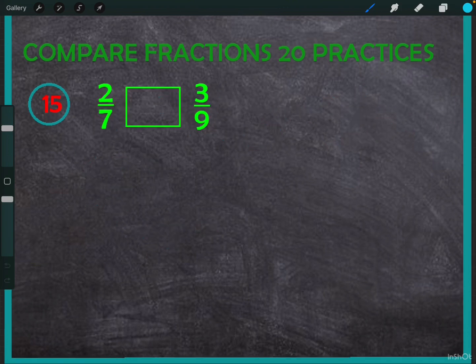Practice 15, we have two fractions 2 over 7 and 3 over 9. These two fractions have different denominators, 7 and 9. To compare them, we must go ahead and find the LCM for number 7 and number 9.